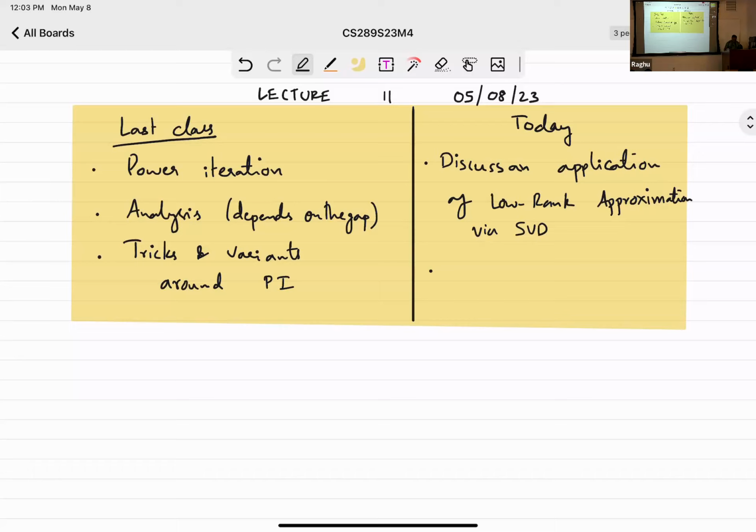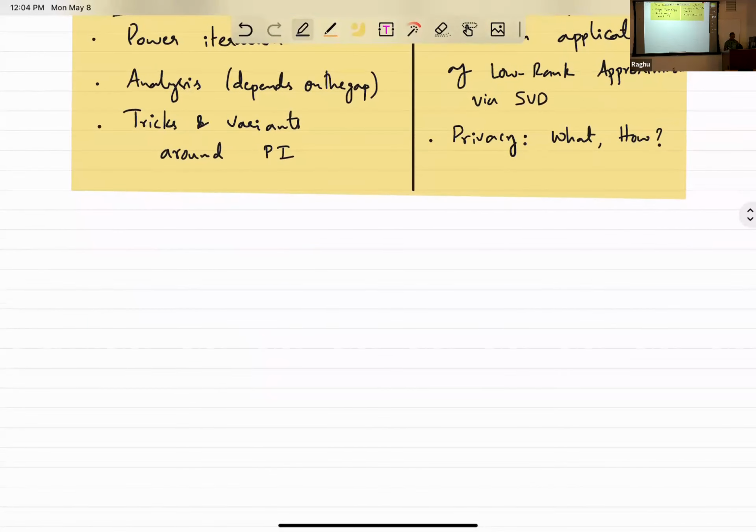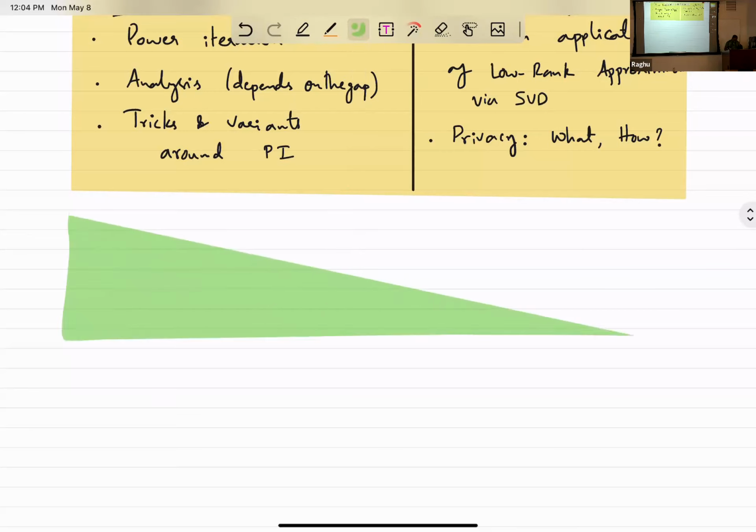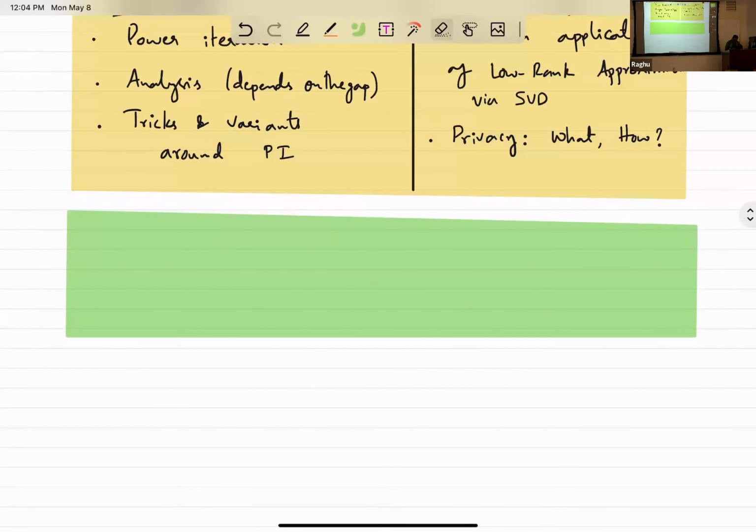And then we'll start talking about a new topic, which is privacy. That's going to be a new topic, and for that reason, all of today's material is on a new Scribble note. You can find the link on the website if you're following along.